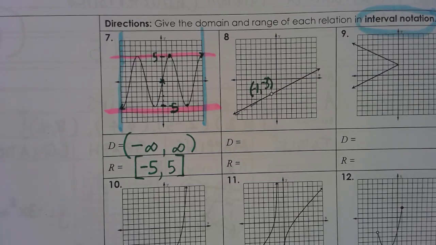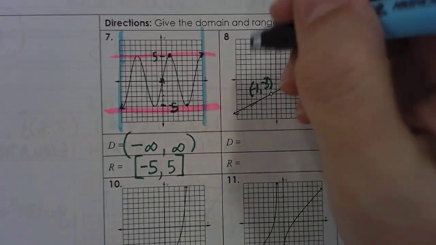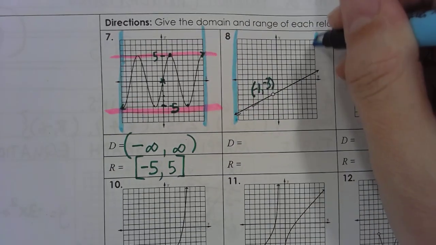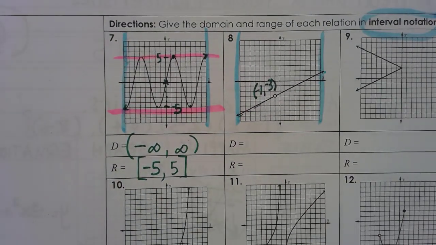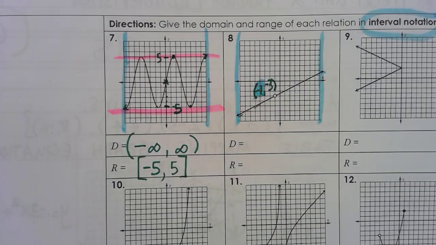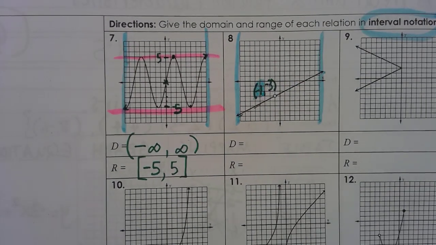-1 and -3. Cool. Okay, so when I look from side to side, from left to right, this line has arrows on it, which implies that it goes forever and ever, right? So it goes forever and ever, except at this one number, which is -1. So it's every number, all real numbers, except -1.